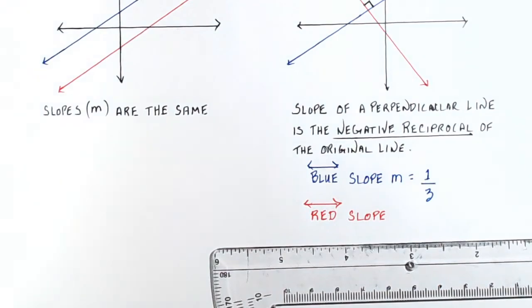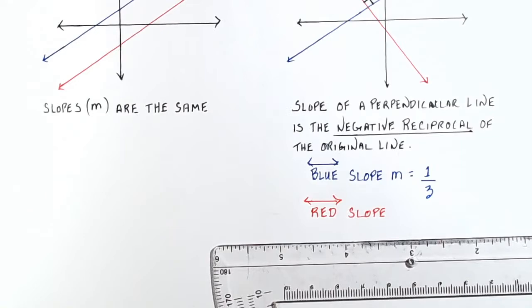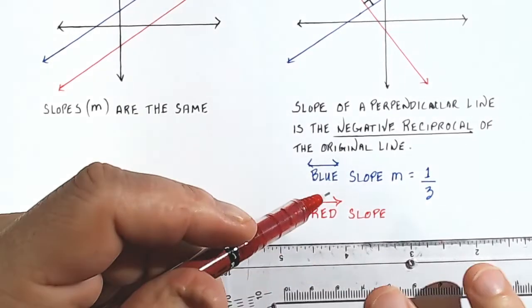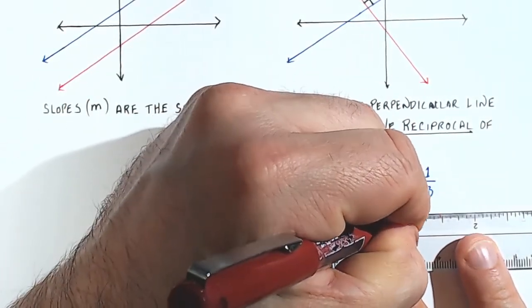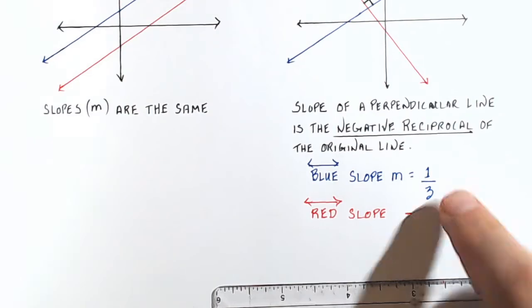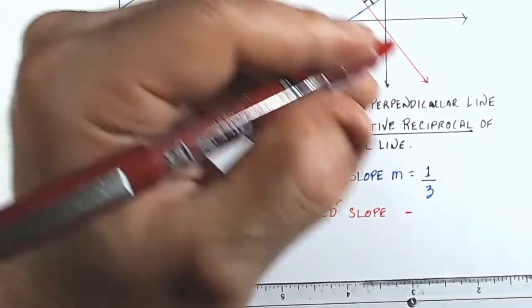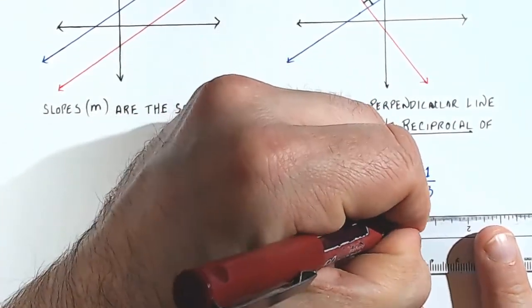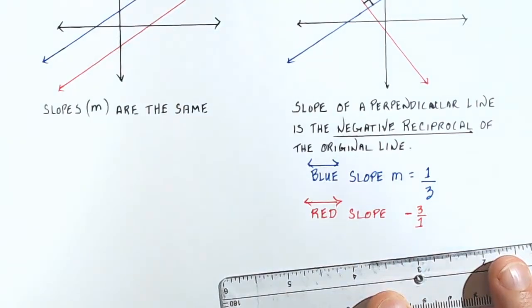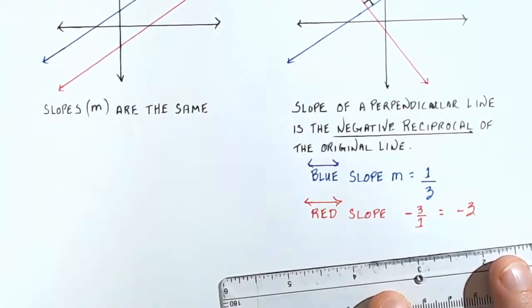And here what I want to do is flip this fraction and put a negative sign in front of it. So I want to make it the negative reciprocal. Okay, so I'll draw a negative sign, and then I'm going to write the reciprocal of 1/3. The reciprocal of 1/3 is 3/1, so that just simplifies down to -3.